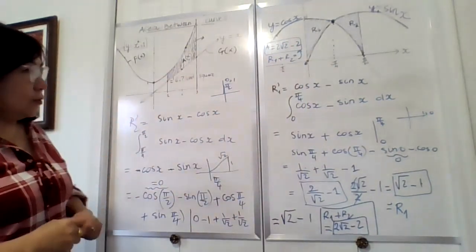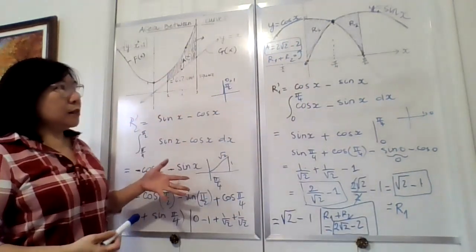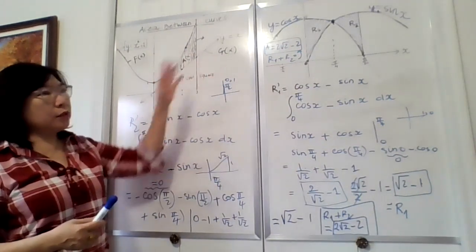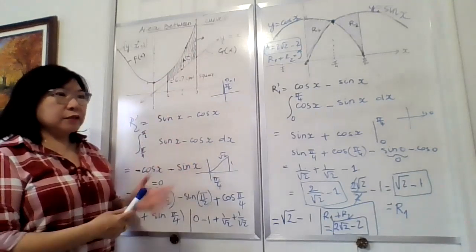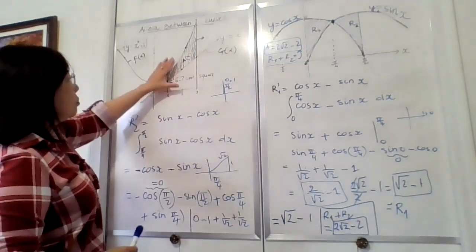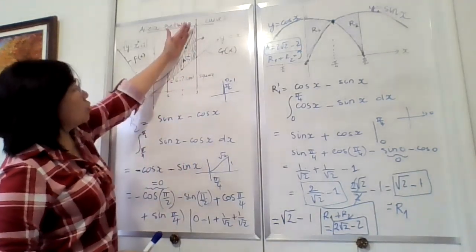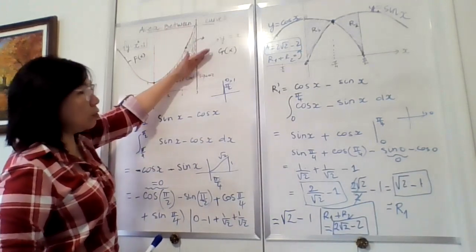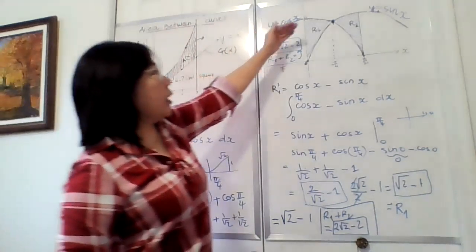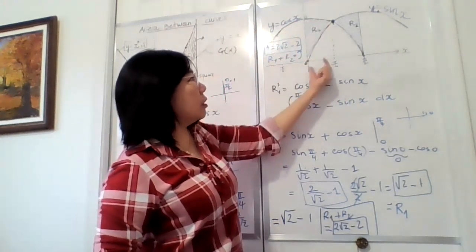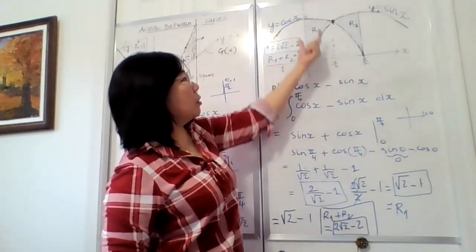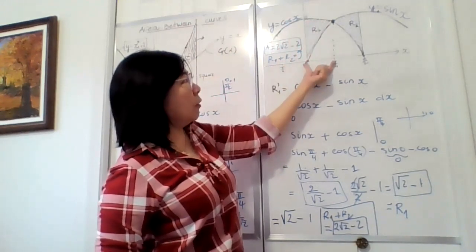Okay, so I have shown you how to find the area between curves, and that's how you do it. First you observe which curve is above. You use the above one, subtract the below one, and you integrate according to the region. If you take this region, you integrate from 0 to 4.